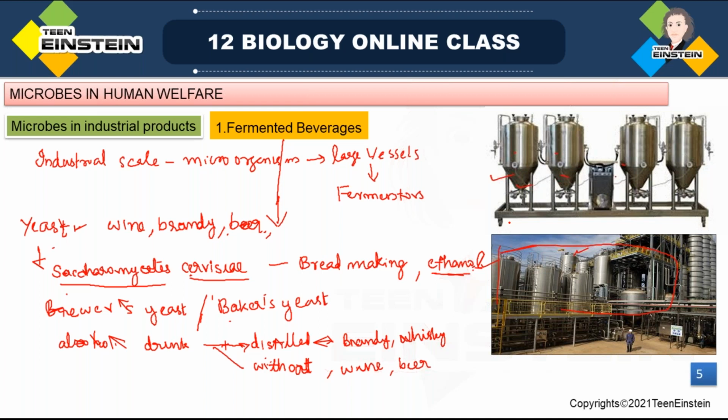And the production is based on what? The production is based on the raw materials used for that fermentation process. Based on that only, the product.